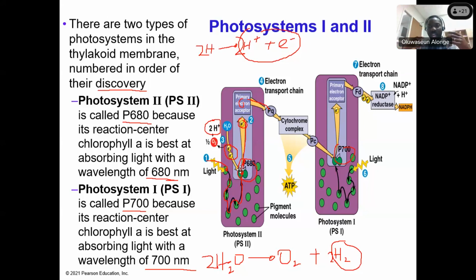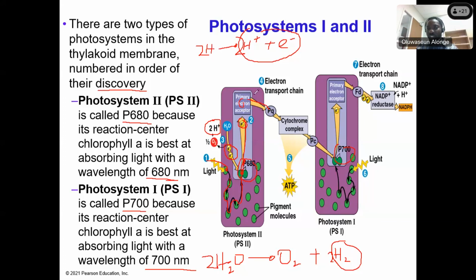Chlorophyll A at the reaction center in PS2 lost an electron when it received photons, light, and became excited. How was that electron restored? The electron was restored when the water molecule was split. That was actually the reason for splitting the water molecule in this stage.